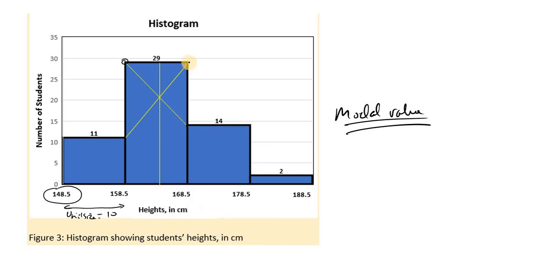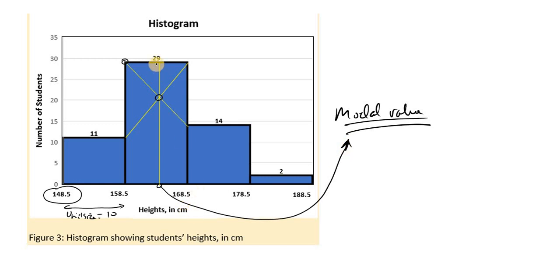Then we take another line, starting from the vertex here, to the vertex of the previous bar, and where they intersect, we draw a vertical line through. Where this vertical line hits is our modal value.